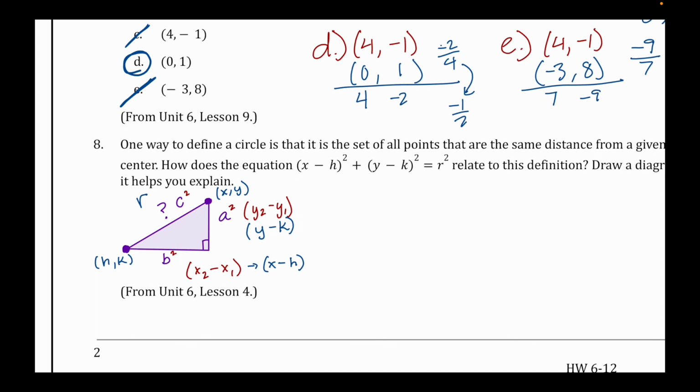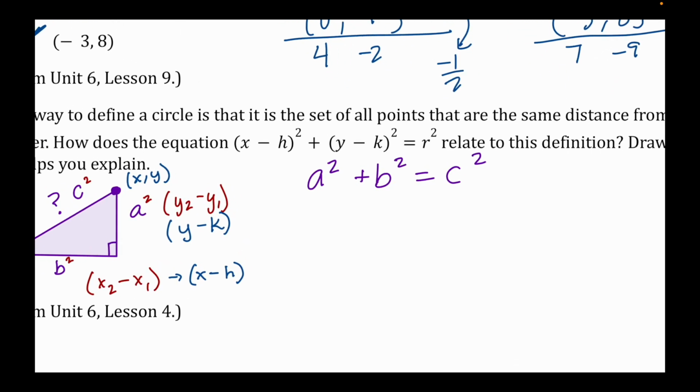So if we originally had a squared plus b squared equals c squared. And I guess I mislabeled these a little bit. I want the vertical to be b, but it's okay.